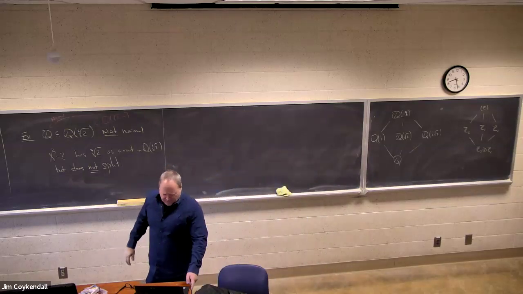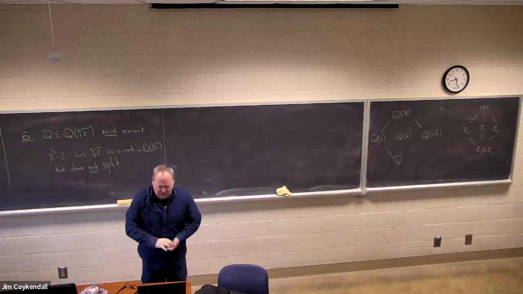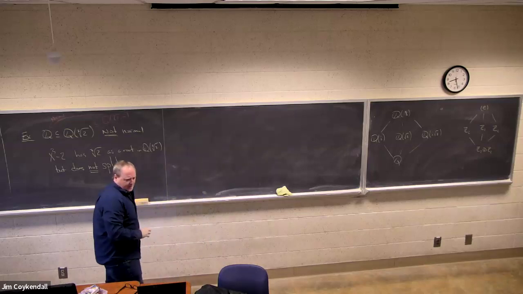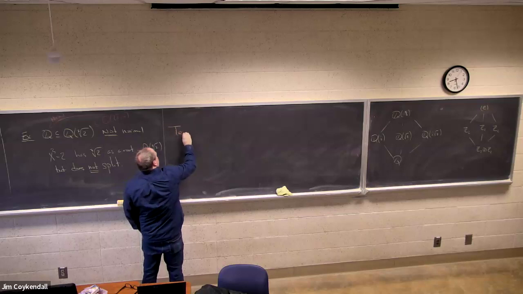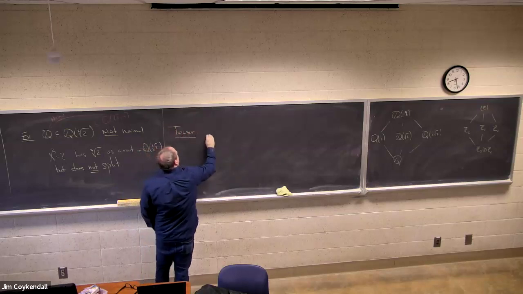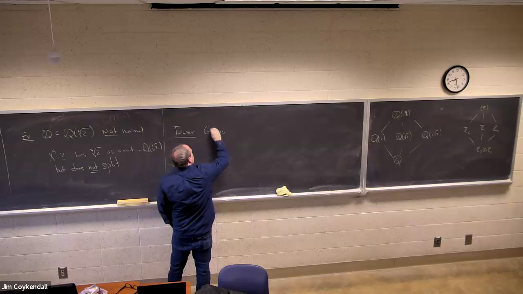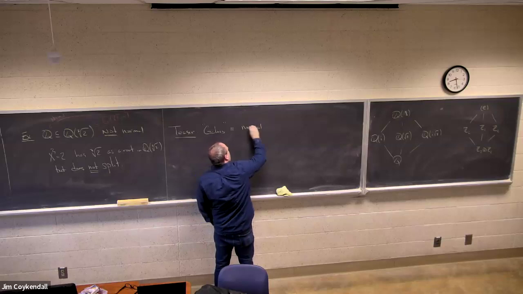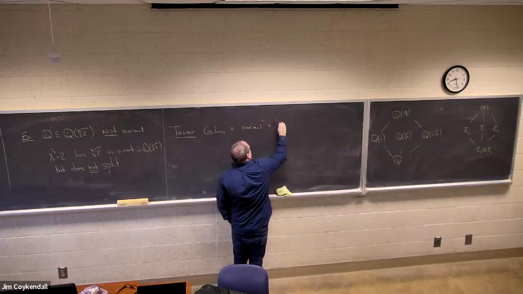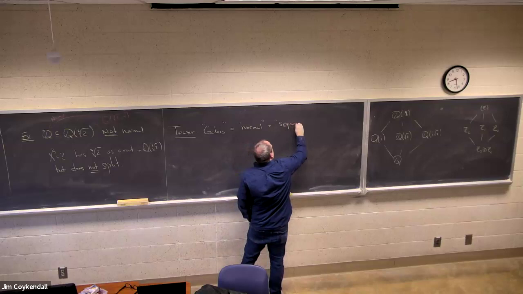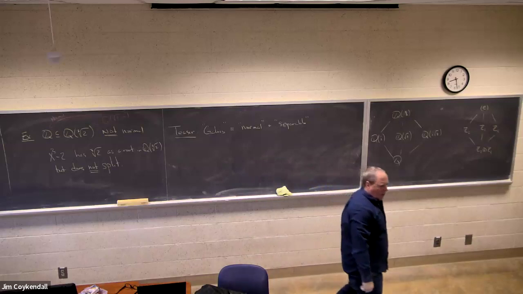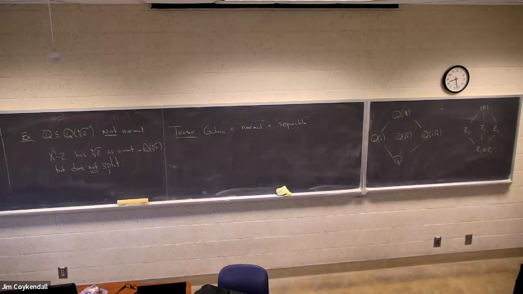Okay, so we're gonna talk about this a little bit more, but now I'm gonna give you a little teaser here. It turns out the Galois condition is actually very strong.